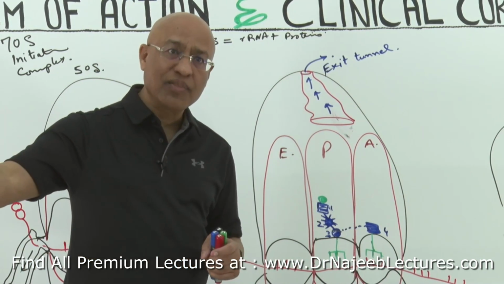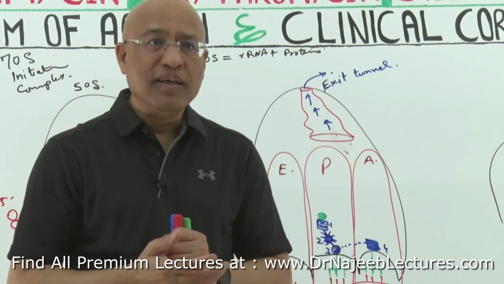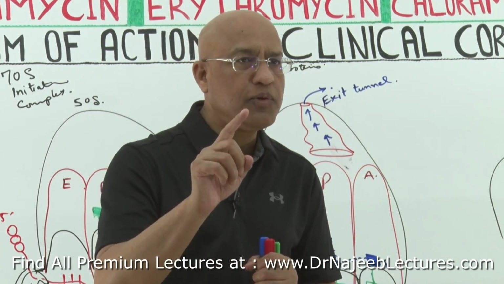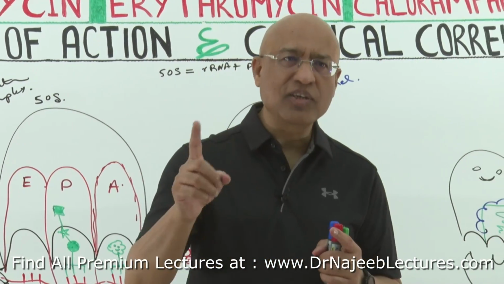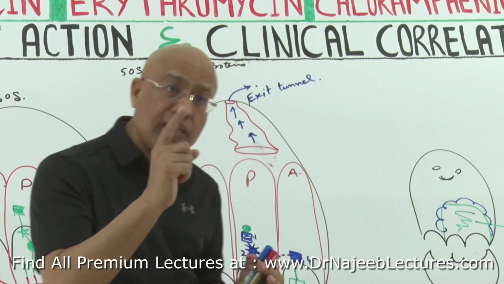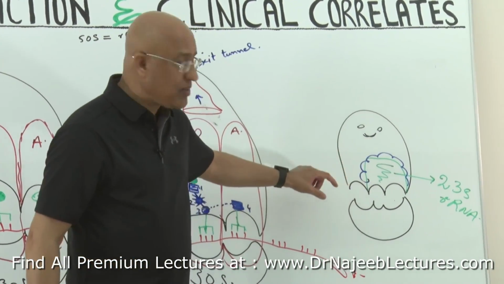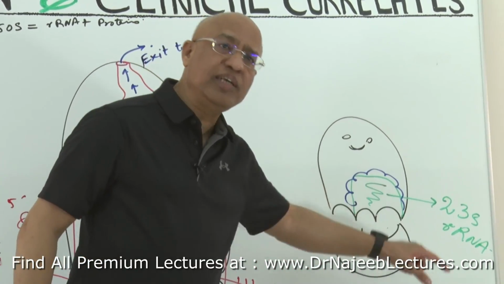He is right. The second doctor says it is the ribosome, but to be more specific, the 50S subunit. Then the third doctor says yes, it is the ribosome, the 50S subunit, but within the 50S subunit there is a special ribosomal RNA, 23S.